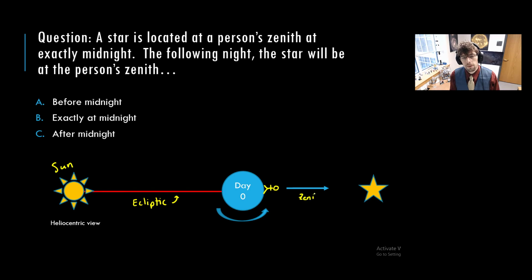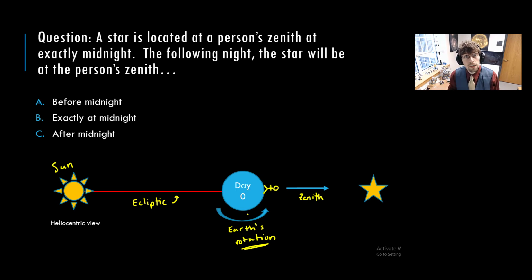So this represents zenith for the observer. Okay? Say this is day 0. Oh, excuse me, and this is the Earth's rotation. I'll highlight rotation. So this is at day 0.